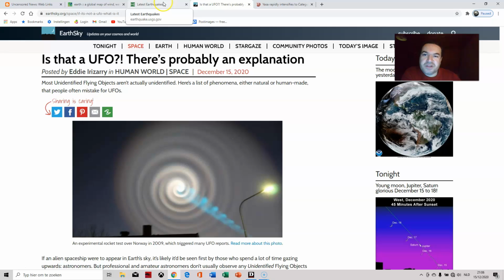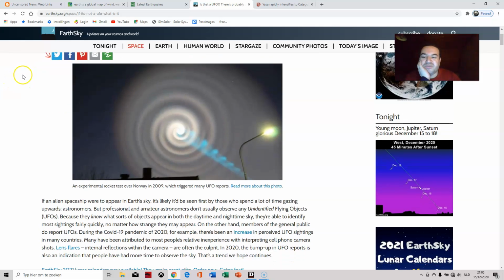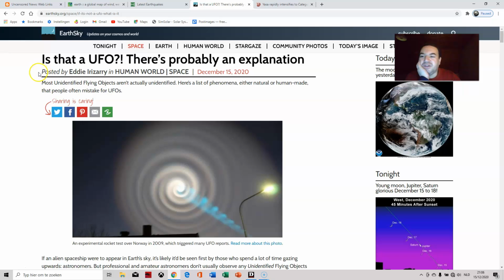Before we go to the earthquakes, I wanted to show this headline. I'm going to read it, but for the article I will leave a link below. So, is that a UFO? There's probably an explanation. Why did I choose this article? Because I believe personally that UFOs exist, but I also believe that many people see things that actually have an explanation.